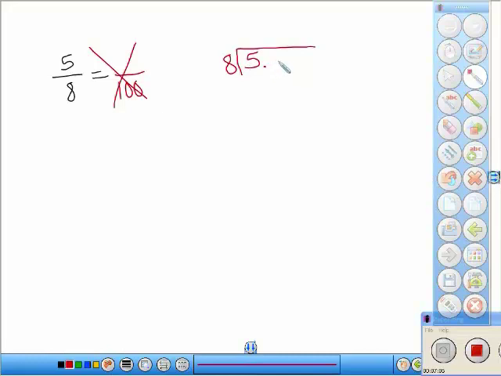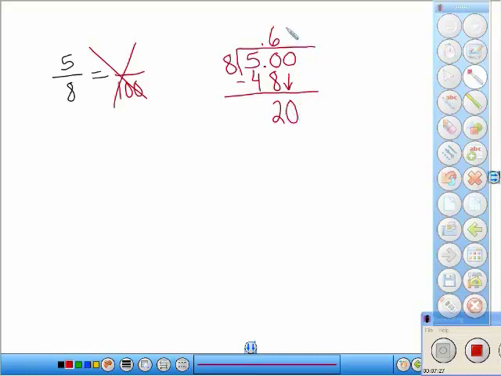We're going to add a 0.0, bring the decimal up, and do the division. 8 goes into 50 6 times. Multiplying will give me 48. Subtracting would give me 2. What do I do now? Add another 0, bring it down, and do it again.